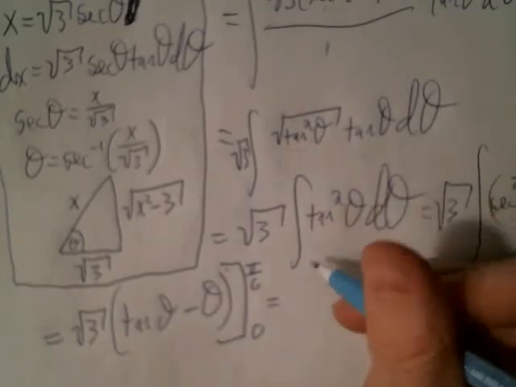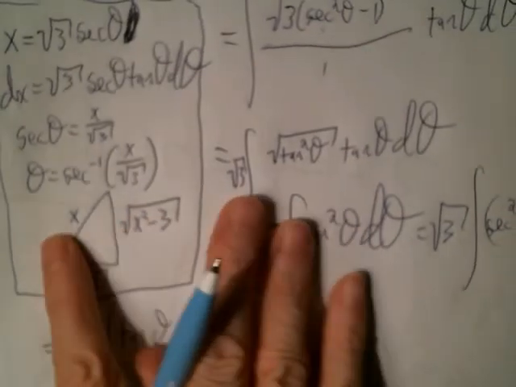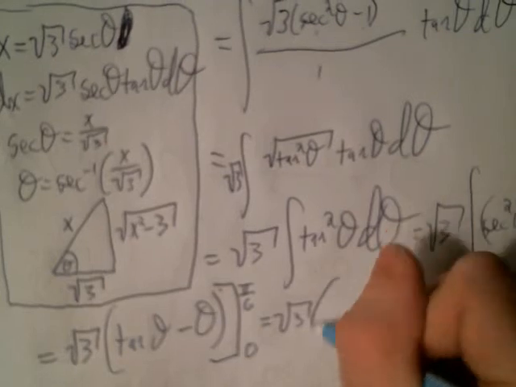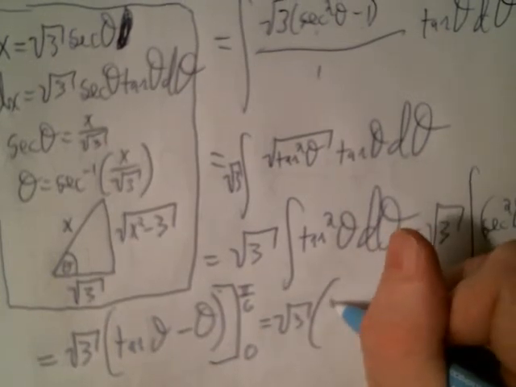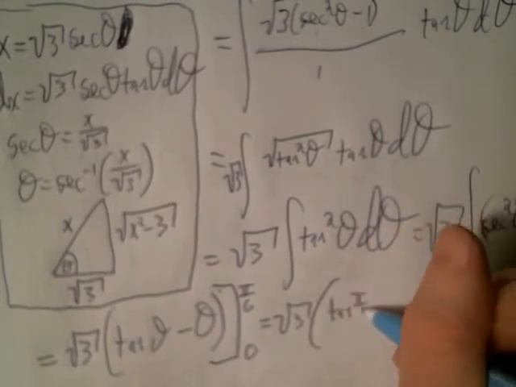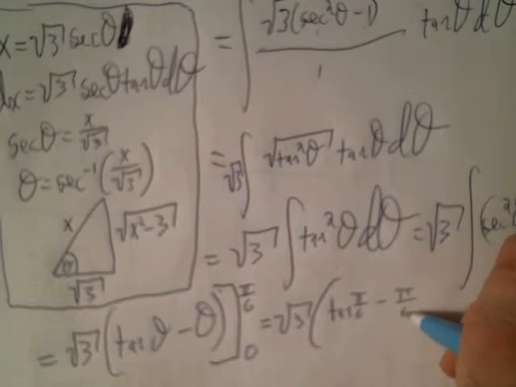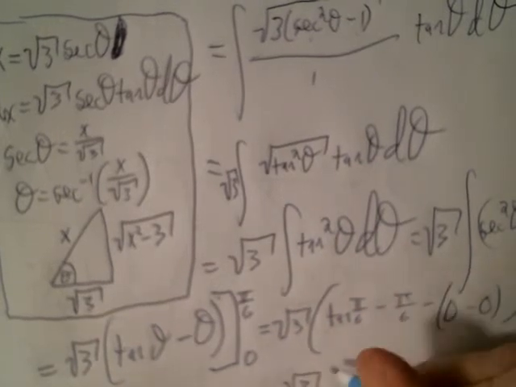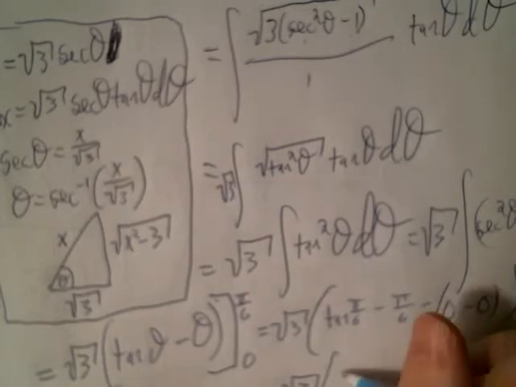Okay. And then we could plug it in here, and I guess we don't even really need the triangle if you do it this way. You just have root 3 times tan of pi over 6 minus pi over 6, and then minus 0 minus 0. I just have to figure out tan of pi over 6 really quick. So sine of pi over 6 is 1/2, so tan is 1 over root 3.